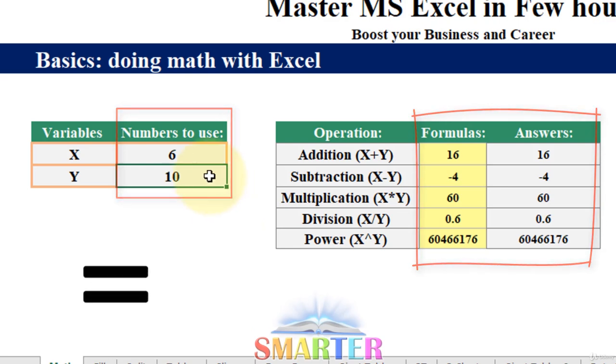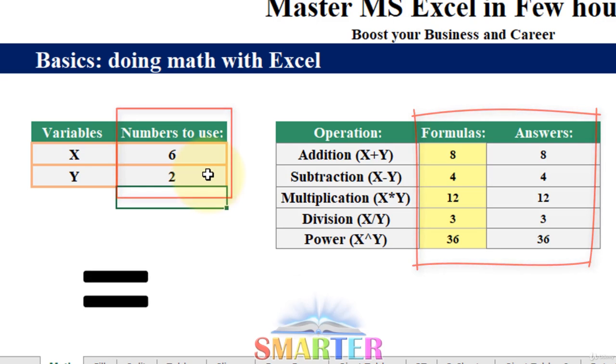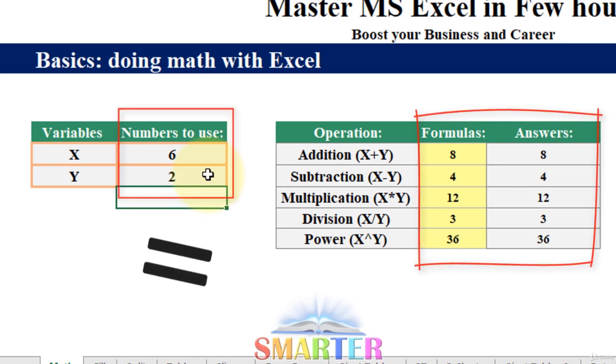If I change y to be 2, automatically all the results have been updated based on the entered formulas. And this is the power of Microsoft Excel. And this is the power of cell references. Once you change one reference or the references, the final results will be updated. Okay?